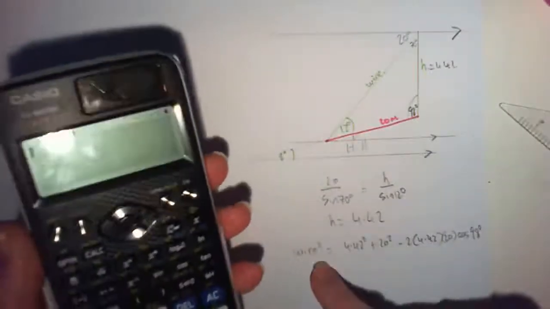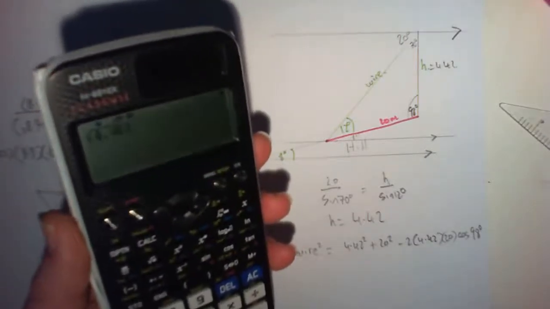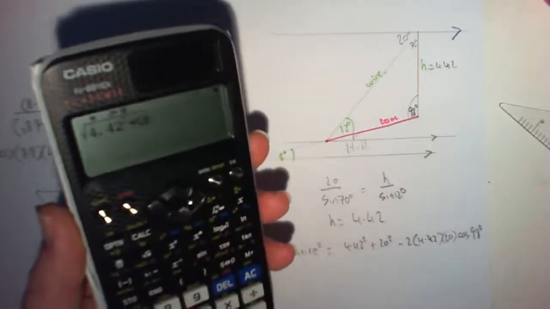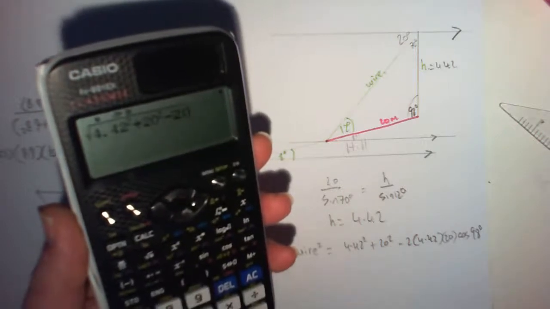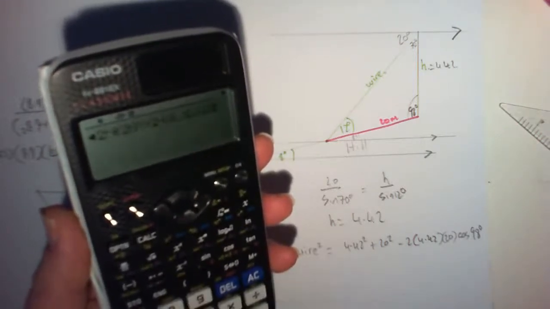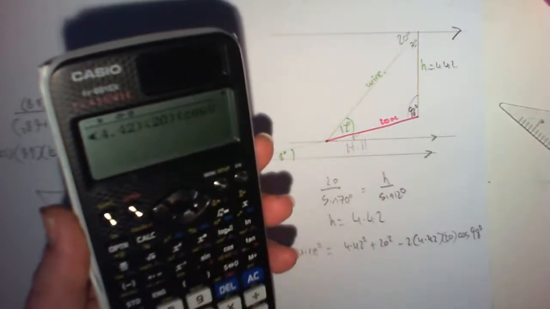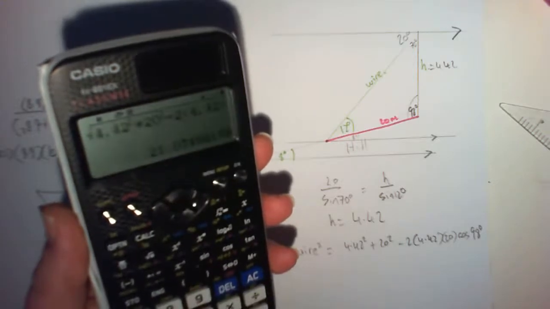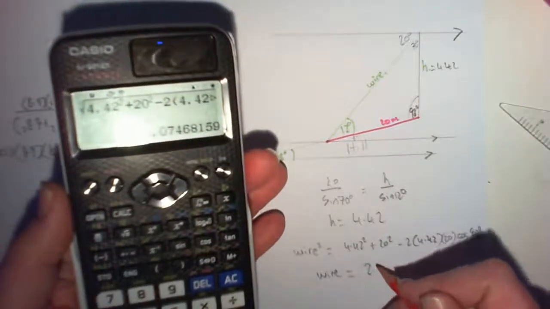So the square root of 4.42 squared plus 20 squared minus 2 times 4.42 times 20 times the cos of 98 equals 21.07. The wire is 21.07.